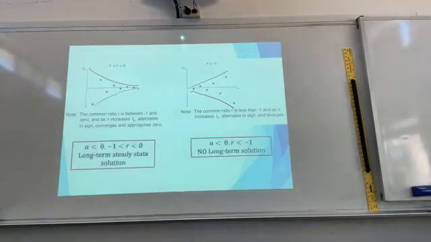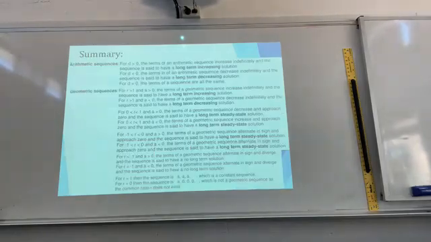There's actually no long-term solution at all. So what I want you to understand is what a long-term steady state solution is, and why there's no long-term solution. And you've got long-term decreasing and long-term increasing. All right? This is a summary.